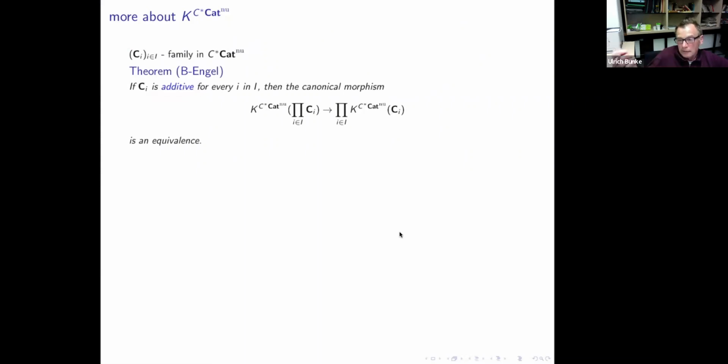In particular, it admits one-element sums, and this means that the objects have units. So if every member of the family has finite sums, then there is a canonical morphism from the K-theory of the product of the categories to the product of the K-theories, and this is an equivalence.